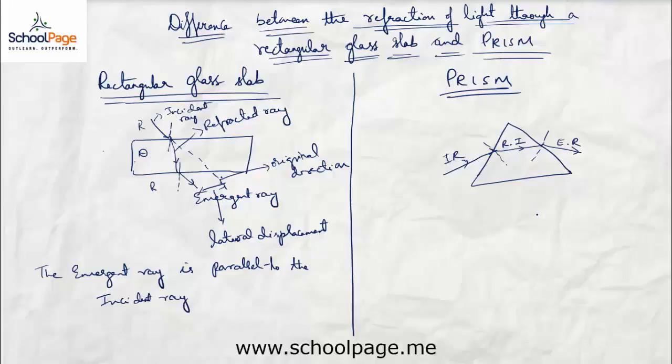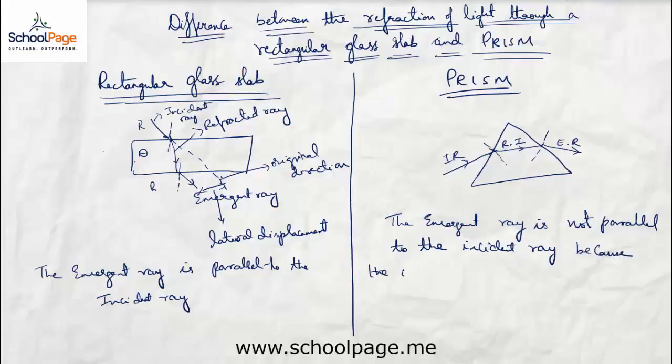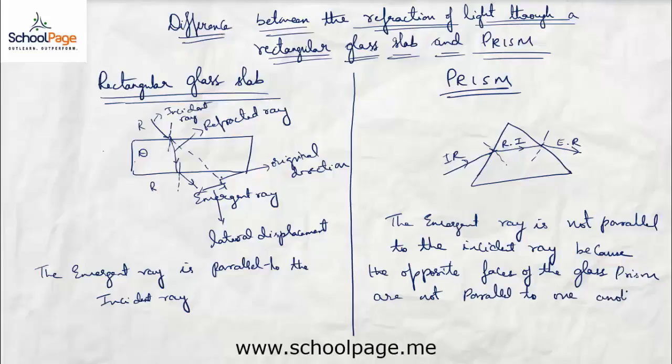Whereas in case of refraction of light through a prism, the emergent ray is not parallel to the incident ray because the opposite faces of the glass prism are not parallel to one another.